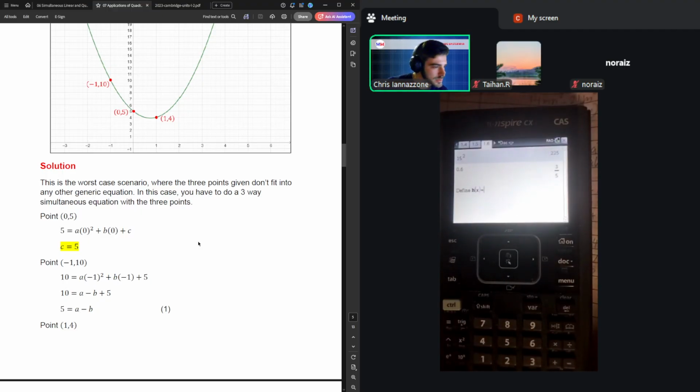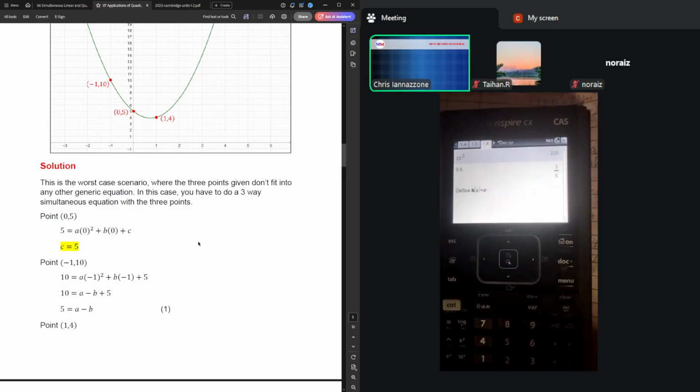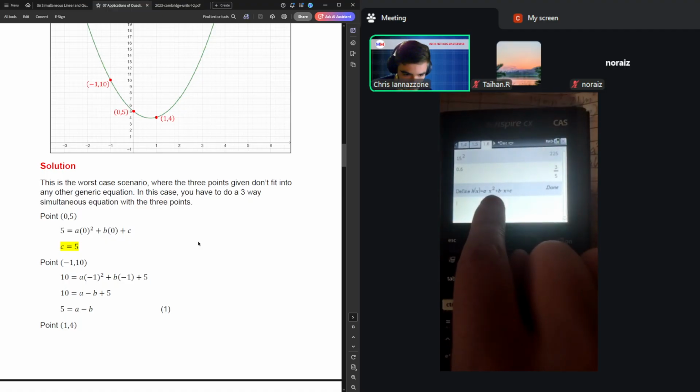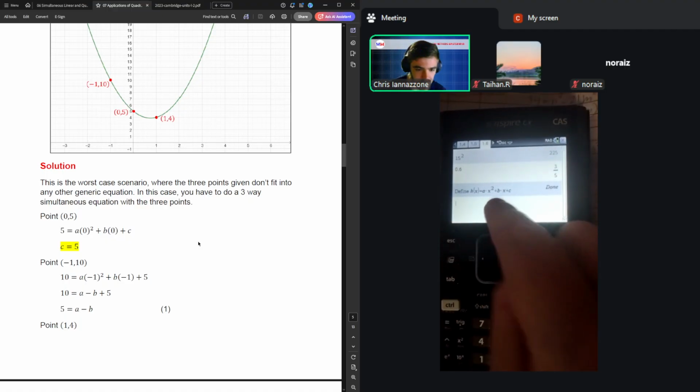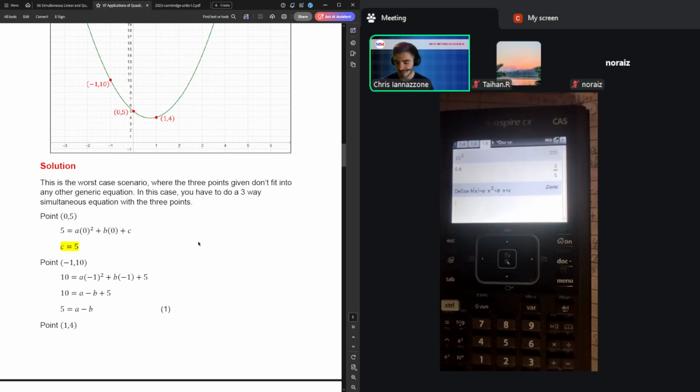What you're going to do is define that generic quadratic: a times x squared plus b times x plus c. Make sure you put those multiplication symbols between the letters, otherwise your CAS is going to complain, and it's going to think, hang on a minute, you've called this thing ax, that's not a times x. You do need those multiplication symbols in there.